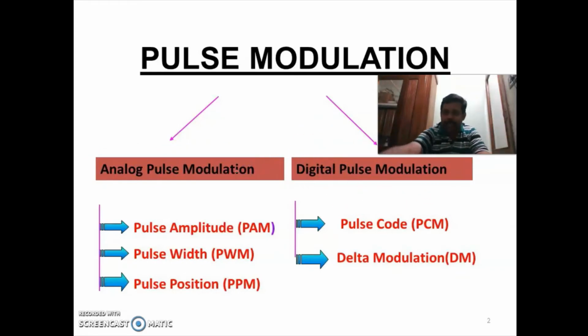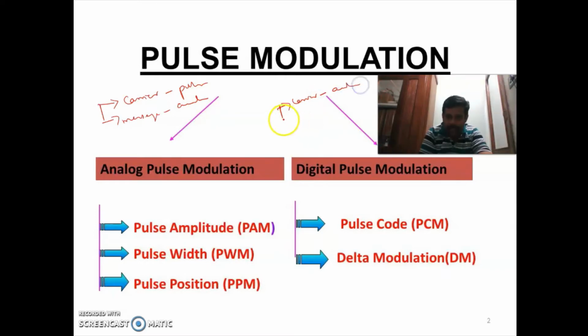The difference between them is: in analog pulse modulation, the carrier is a pulse and the message is an analog signal. In digital pulse modulation, the carrier is an analog signal and the message is a pulse.